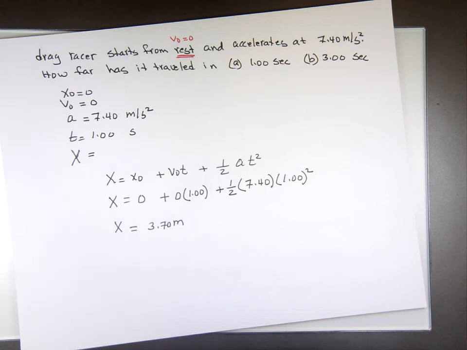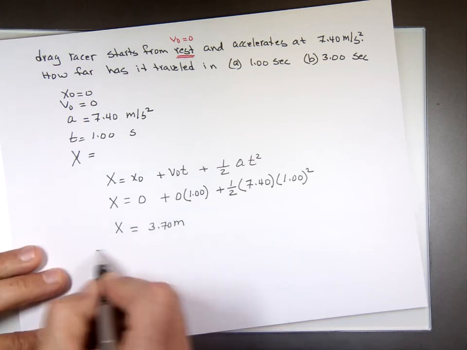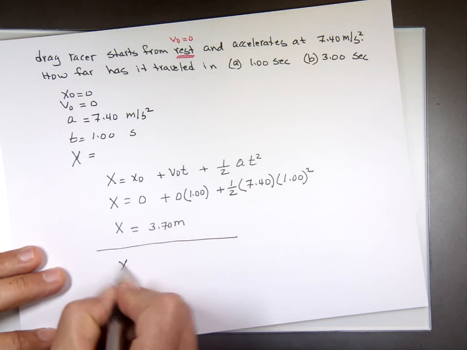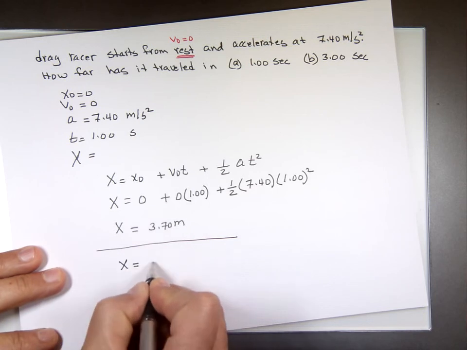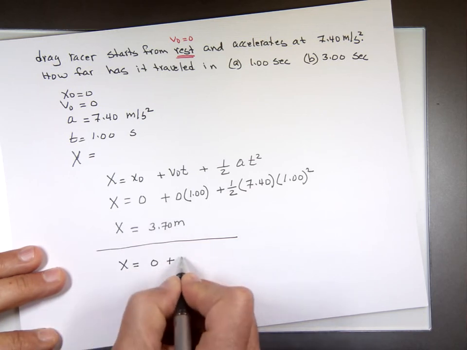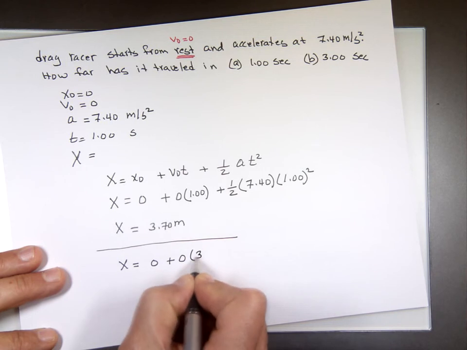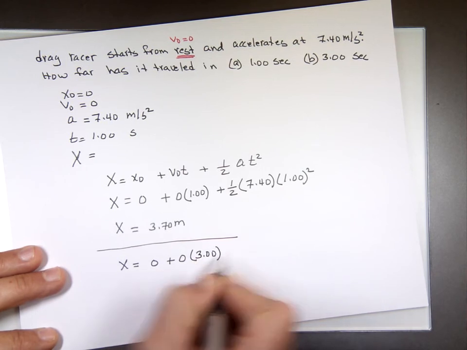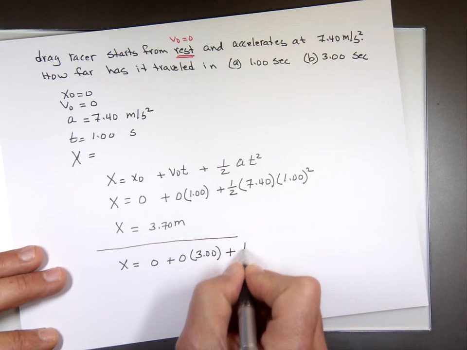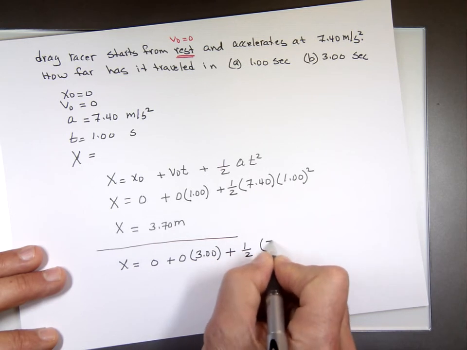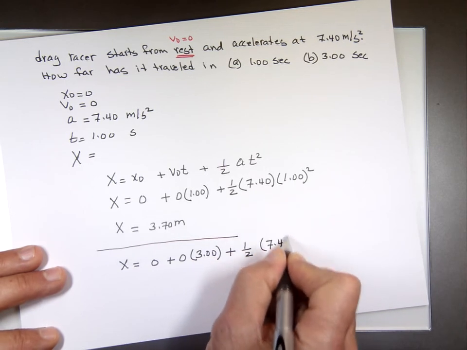And the last one is at 3 seconds. 3 seconds, what do we have? Same thing. x equals 0 plus initial velocity, which is 0, times the time, which is 3 seconds, plus 1/2 times 7.40 times 3 squared.